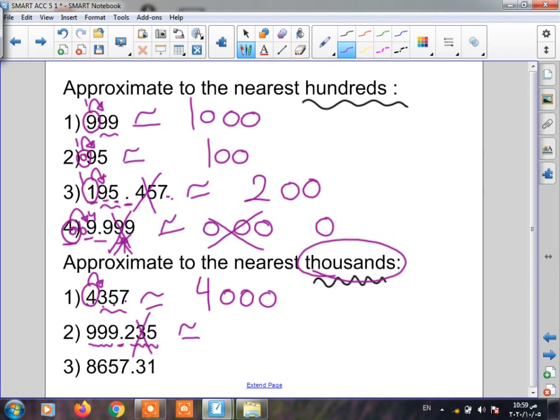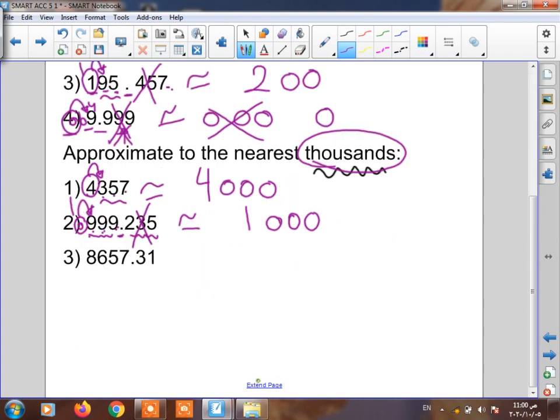Then count units, tens, hundreds. I have no thousand place, so I put 0. How many digits before the circled one? It's 3 digits. Change it into 30. Then look at the previous digit to the circled one, 9. 9 is from 5 or more, add 1 more, add 1 to 0, 0 becomes 1.